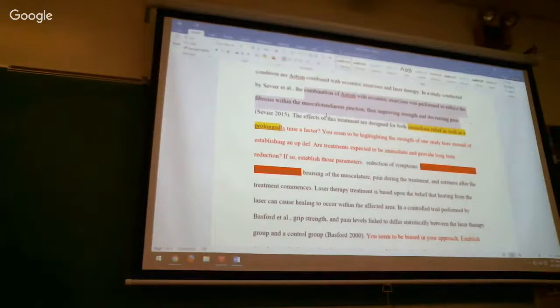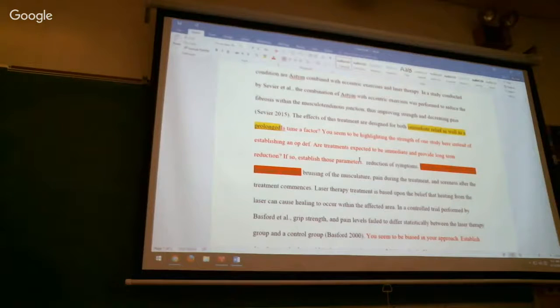And so I'm thinking to myself, all right, it seems that strength and pain are factors, but I still don't know what they are yet. I don't know what the operational definition is. And then he says the effects of this treatment are designed for both immediate and prolonged relief. And I'm going, oh, wait a minute. Is time a factor here? In other words, you seem to be highlighting the strength of one study instead of establishing an operational definition.